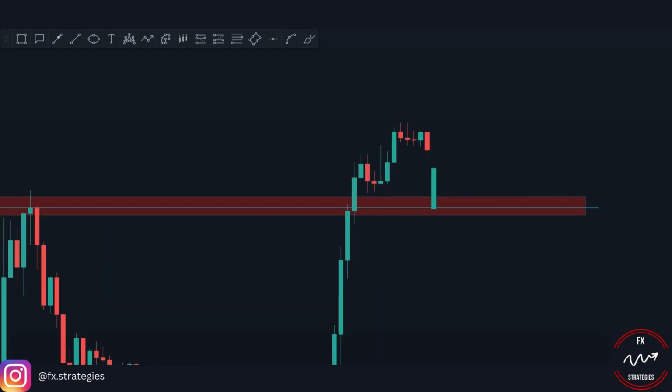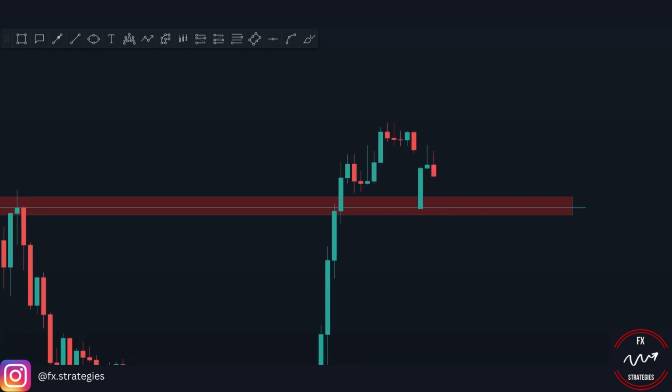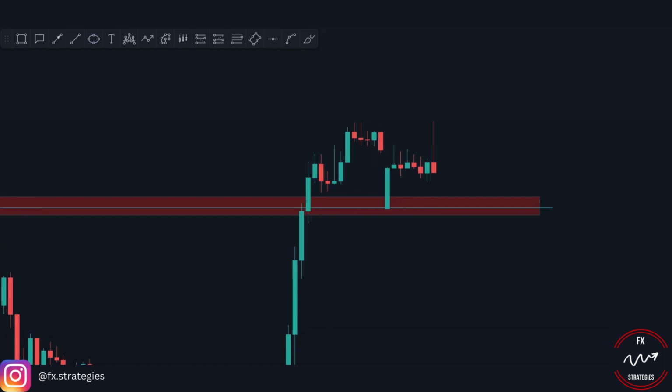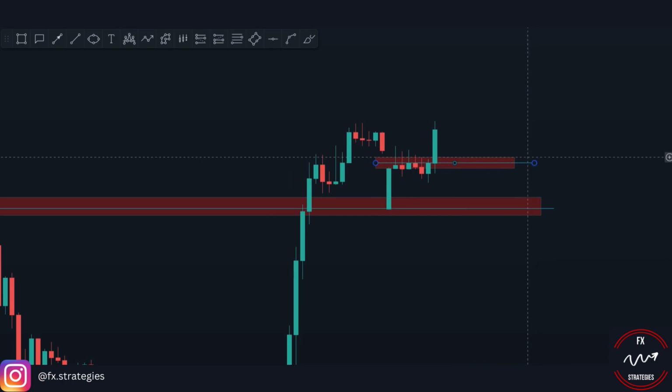Moving on to the next candles, we can see this. Right now the price obviously created a new structure zone, with a closing level right above that new structure zone.